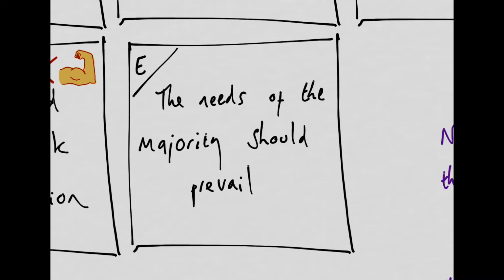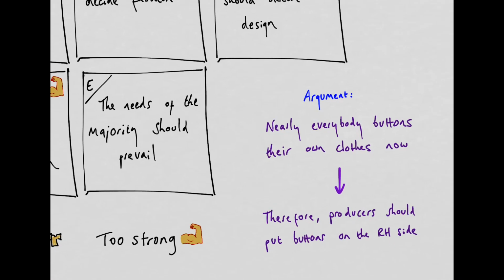This says that the needs of the majority should prevail. Now let's take a look at our argument again. The argument is that nearly everyone buttons their own clothes now, and so producers should put buttons on the right-hand side, i.e. make it easier. Well, does it seem plausible that the needs of the majority should prevail is the principle underlying this argument? Well, it does. Why does the author recommend that producers put buttons on the right-hand side?